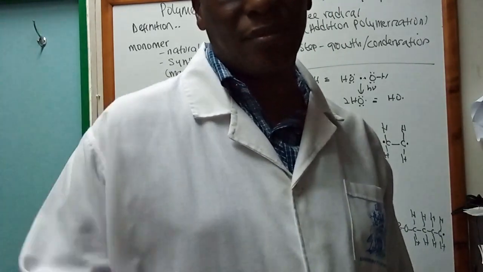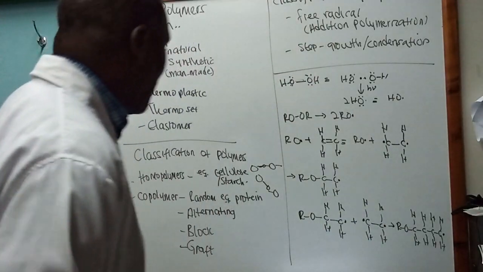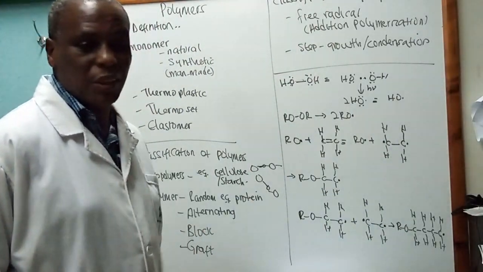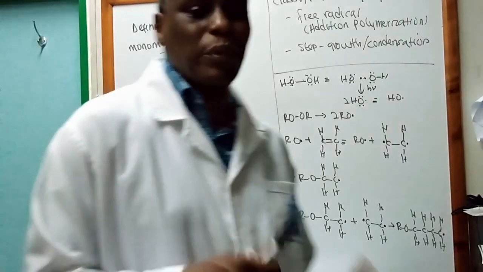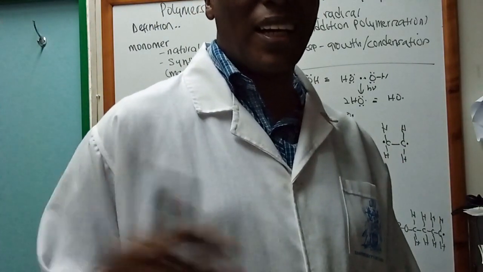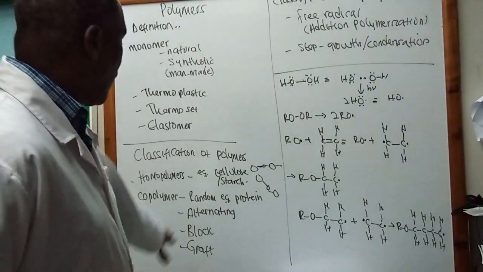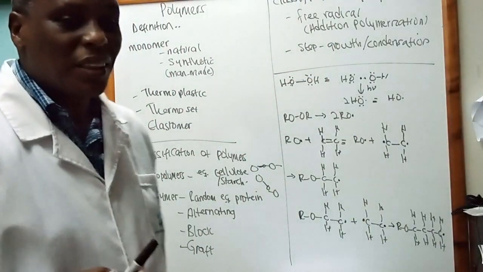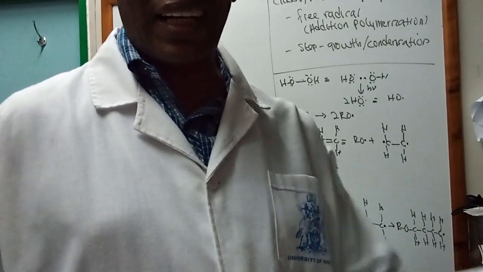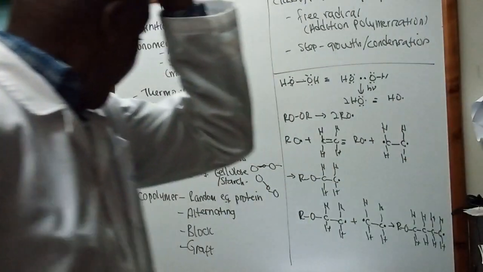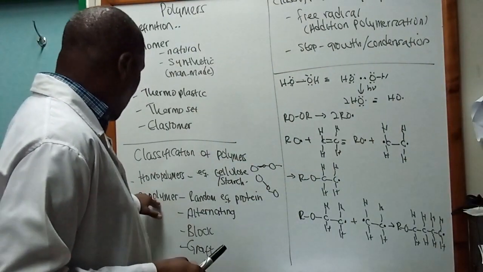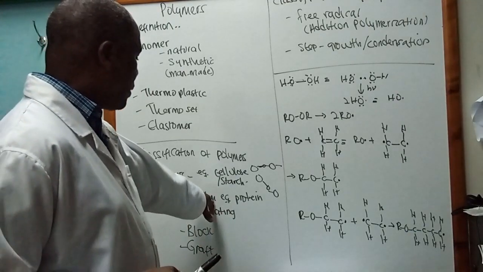Let me not get into those names because in this course I'm trying to avoid you cramming. So they may not be in a specific pattern, and in this case we say these copolymers can be said to be random.